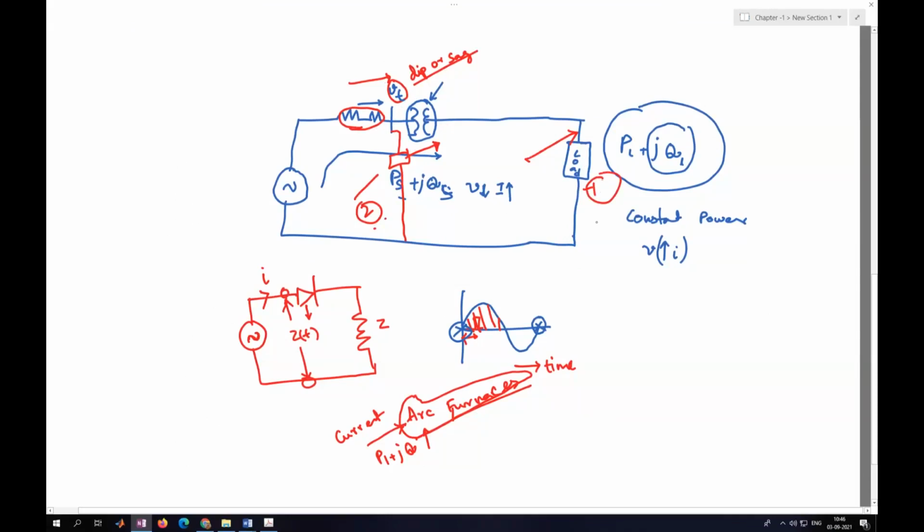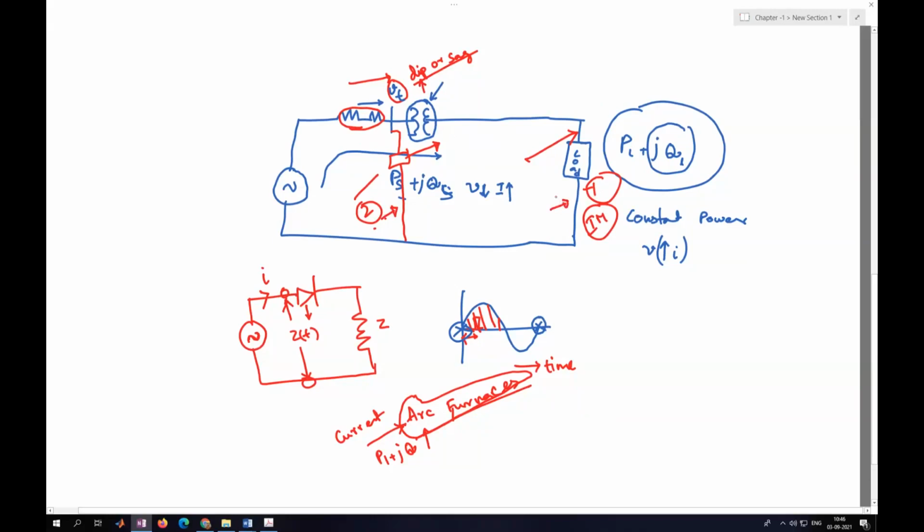Because of load 1, the induction motor starting is causing this sag. It is not the problem of the utility, it is the problem of this particular consumer.